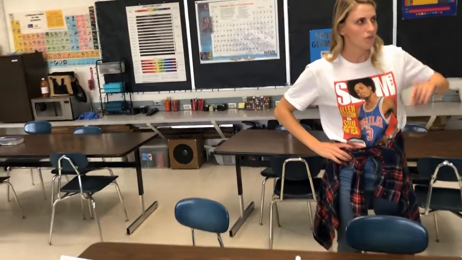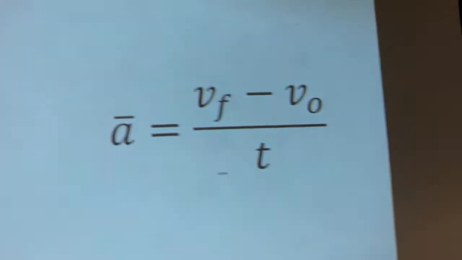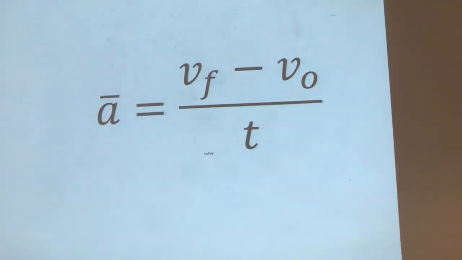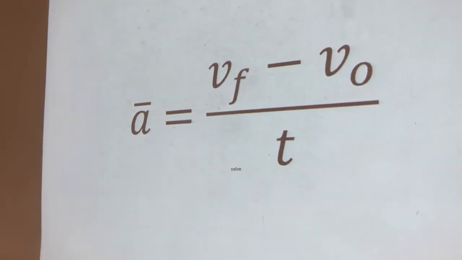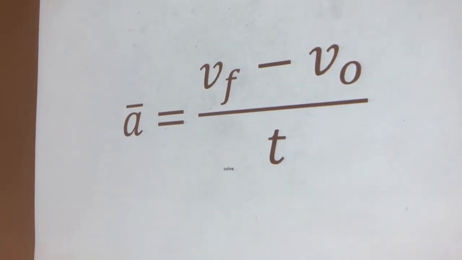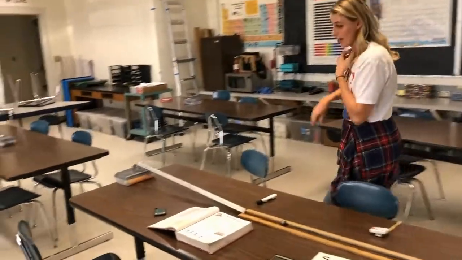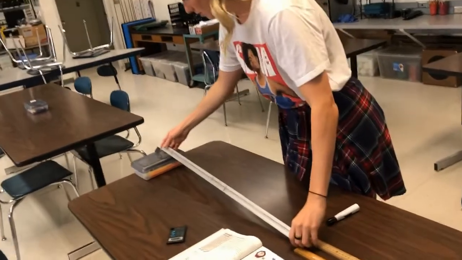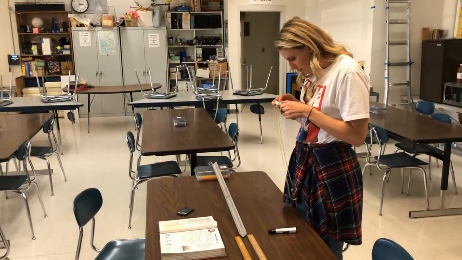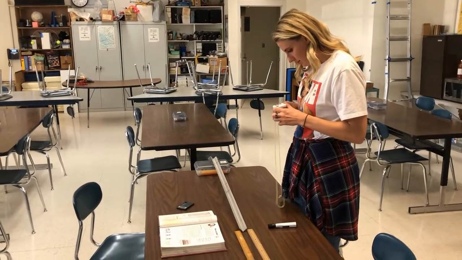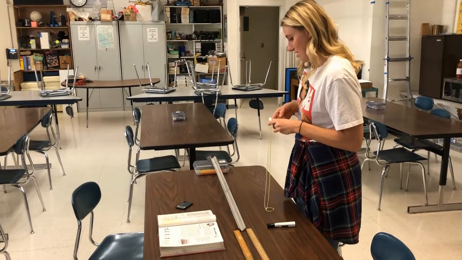So if we want to find the acceleration on the track, what else do we need? I think we need the time. What time though? We're talking about the acceleration on the track, right? So we need the time on the track. Okay, let's do it. Reset. I'm going to use my right hand.